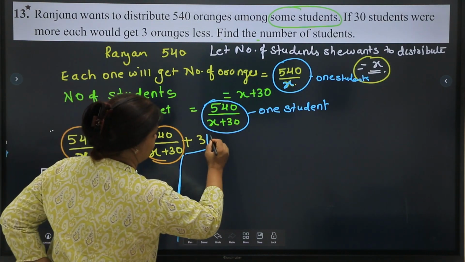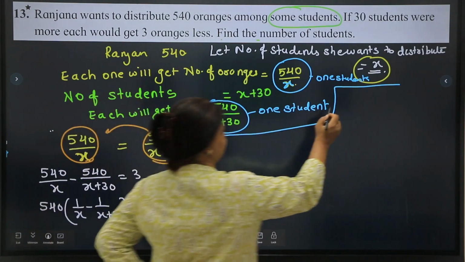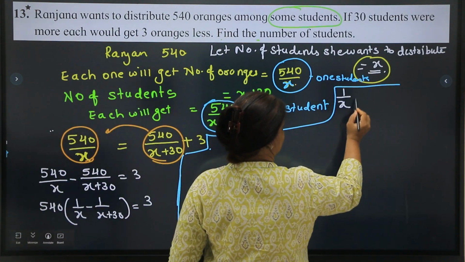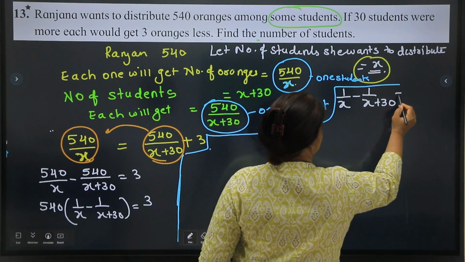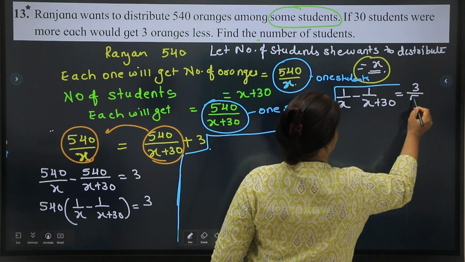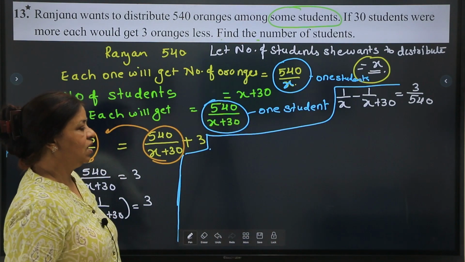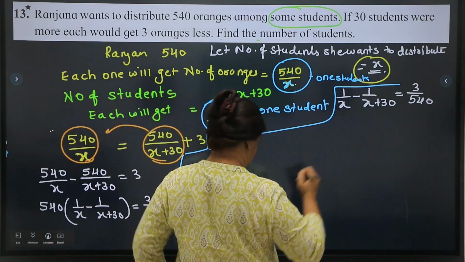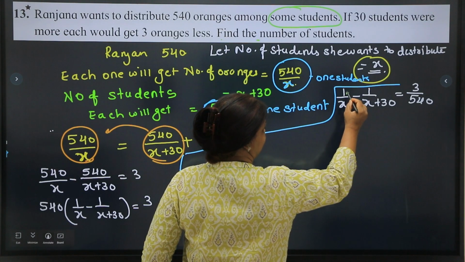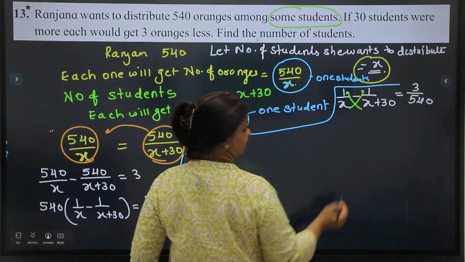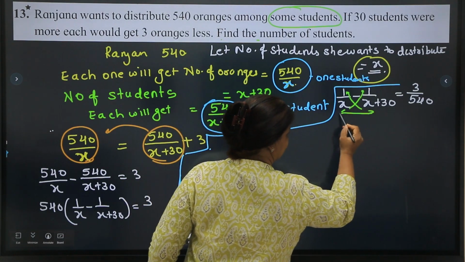I'll be writing here 1 upon x minus 1 upon x plus 30 is equal to 3 upon 540. I shifted 540 to this side. Okay. Now I'll do cross multiplication. This will multiply with this and this one will multiply with this.